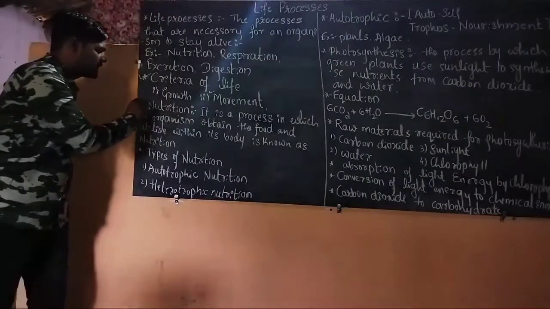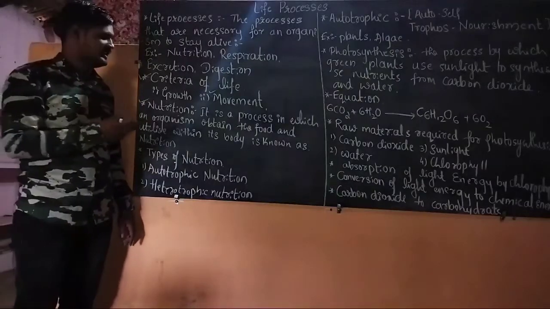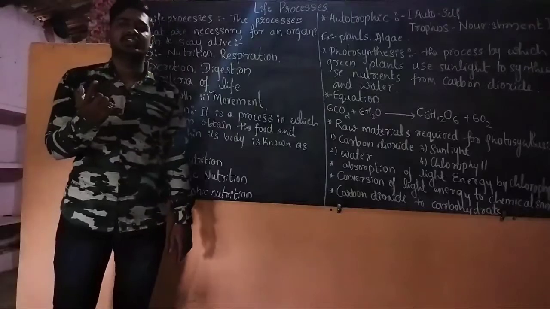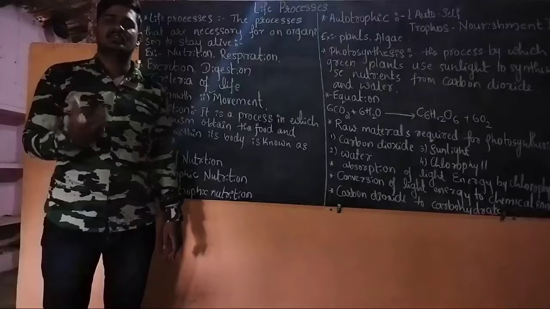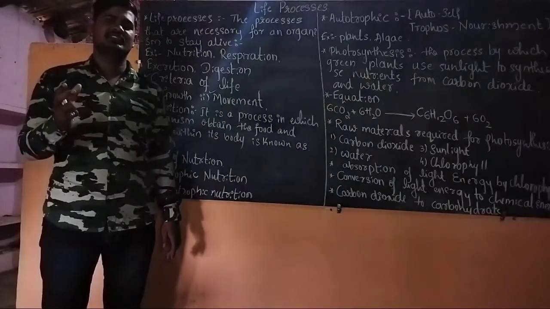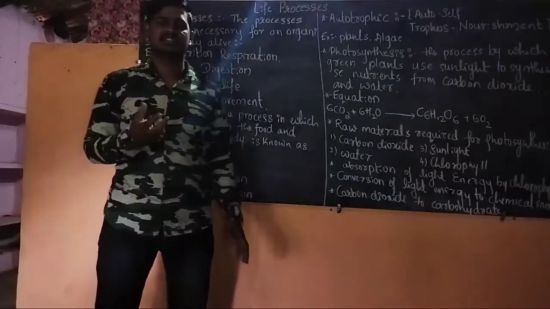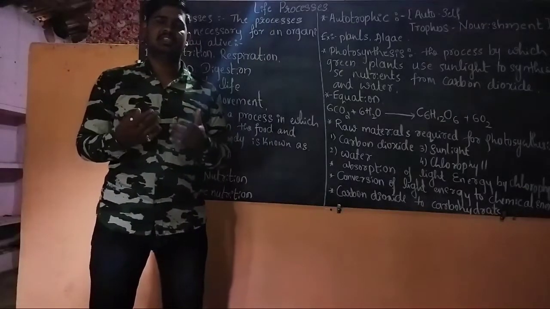And then comes nutrition. The definition of nutrition is a process by which an organism obtains its food and utilizes it in the body. Nutrition is essential for all of us. We have to obtain the food and utilize it within the body.